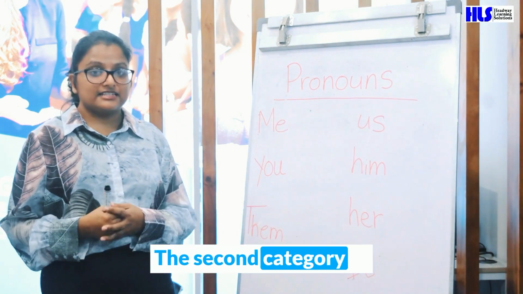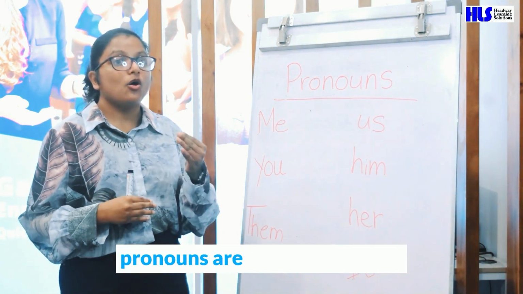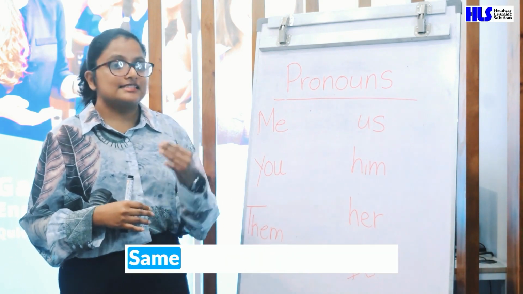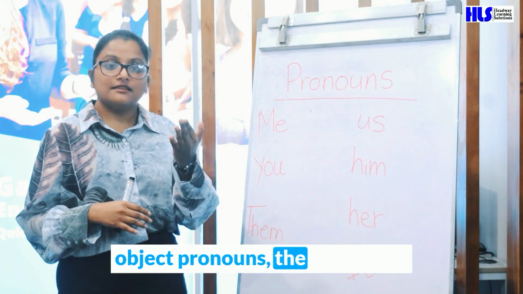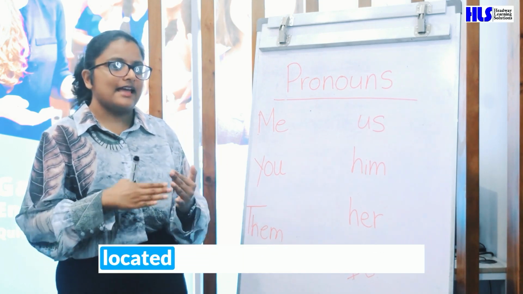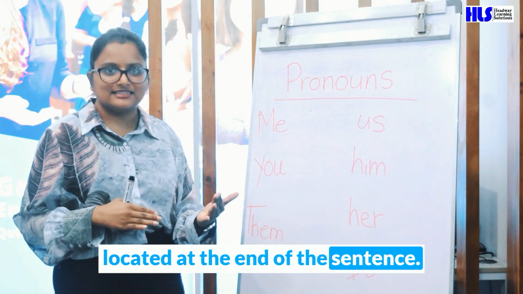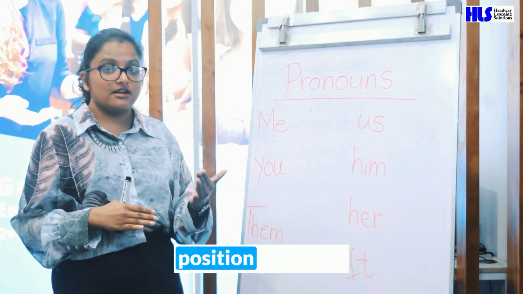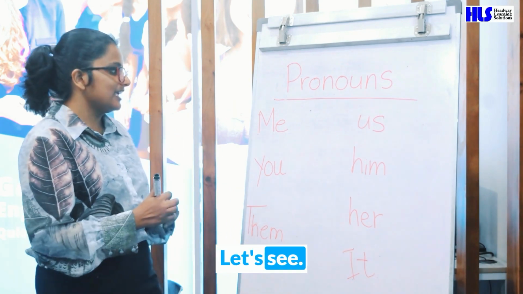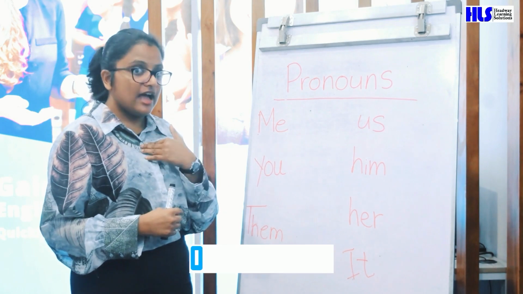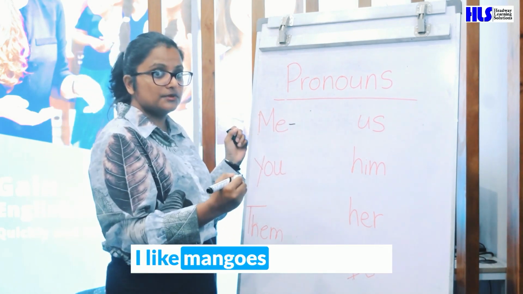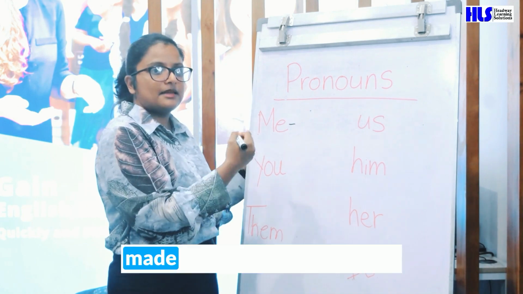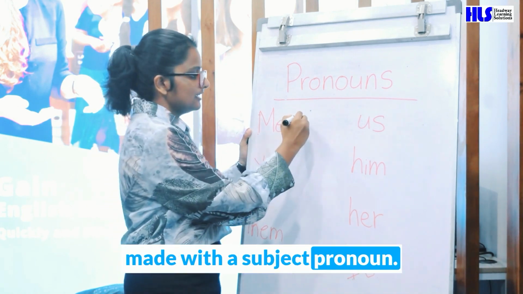The second category of pronouns are object pronouns. Same as subject pronouns, in object pronouns, the pronoun is located at the end of the sentence. That means in the position of object. Let's see. Me. I like mangoes. I like mangoes is a sentence made with a subject pronoun.